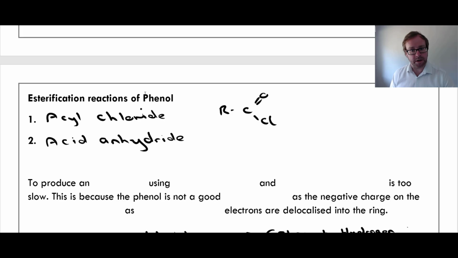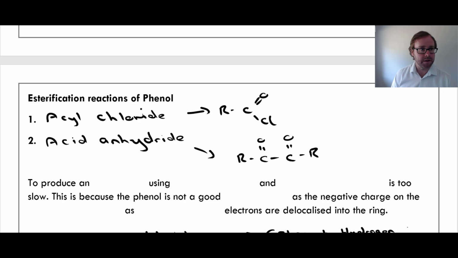So my acyl chloride would look like this, and my acid anhydride would look like this. Let's do it correctly. Remember, the R group stands for an unknown carbon chain.